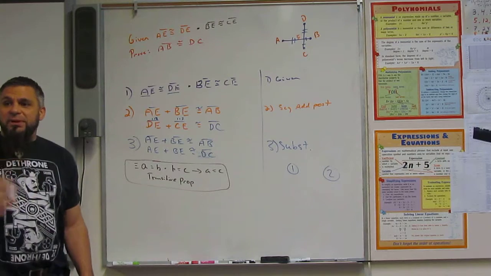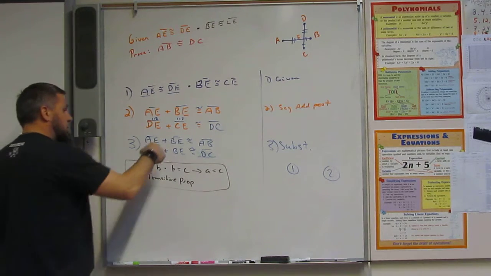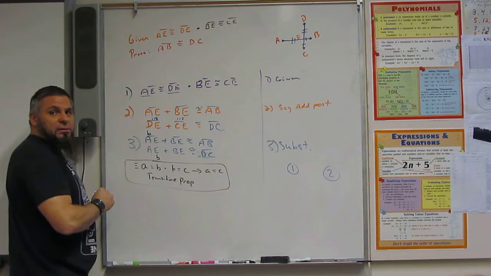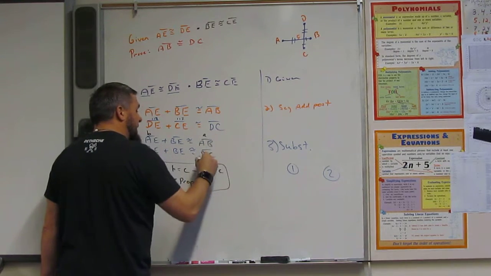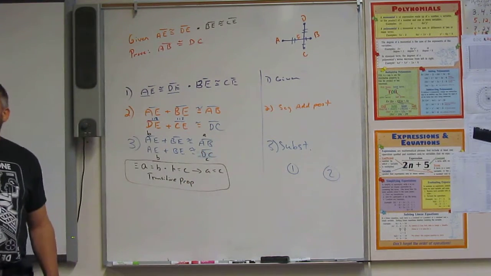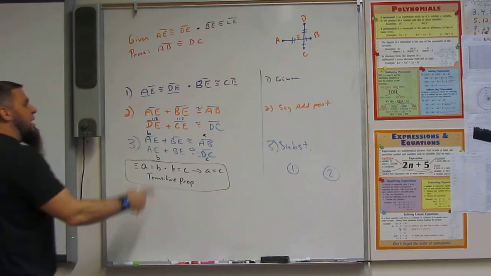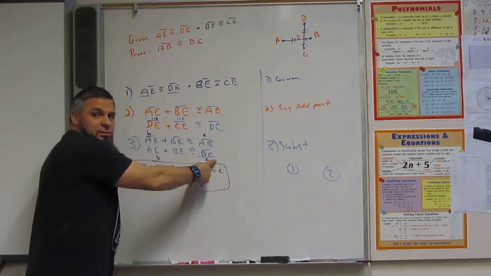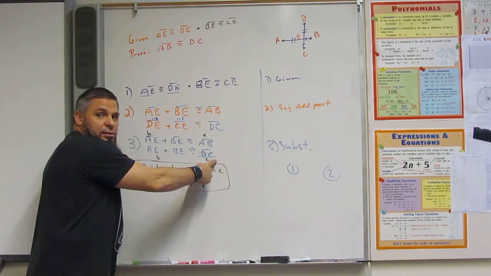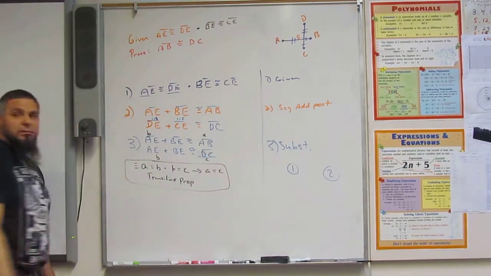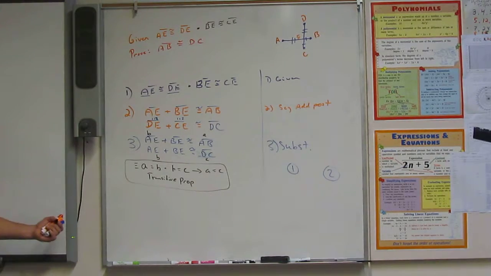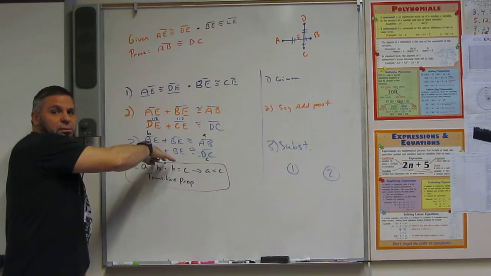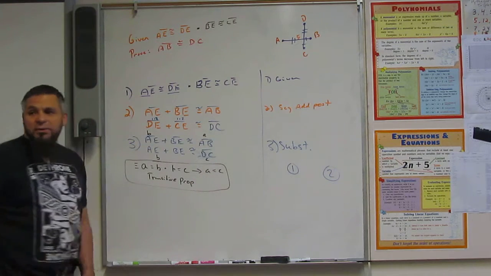My B has to be the one that is the same. So this is B and this is B, and this could be A and this could be C. Now I can say, if A equals B and B equals C, then A equals C. And it just makes sense, because if these are equal, then these have to be equal.